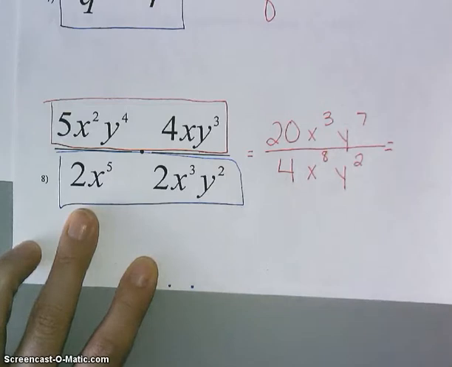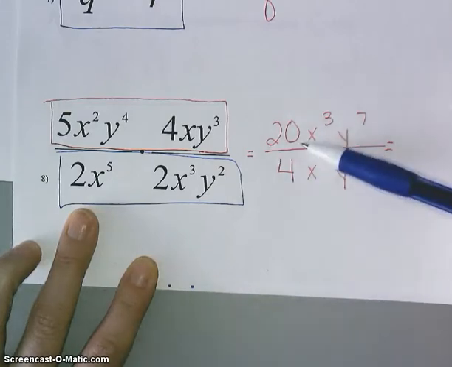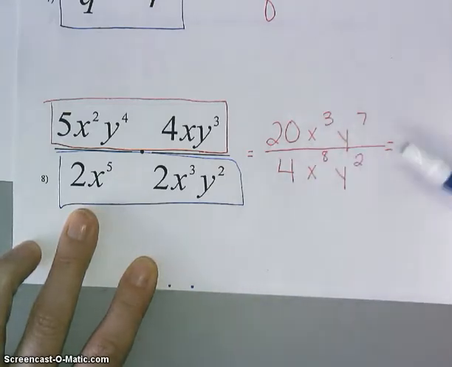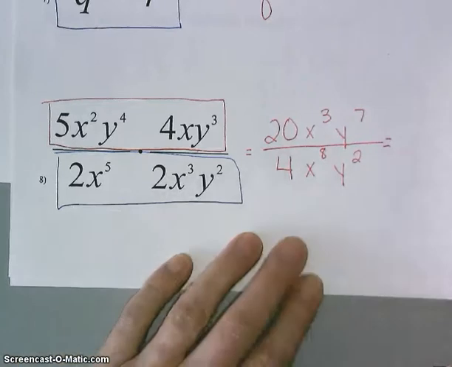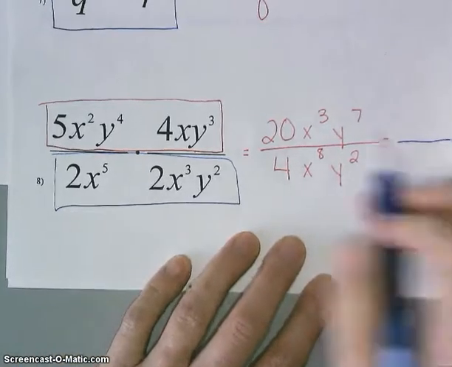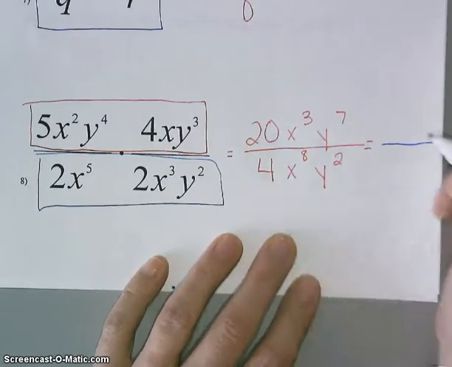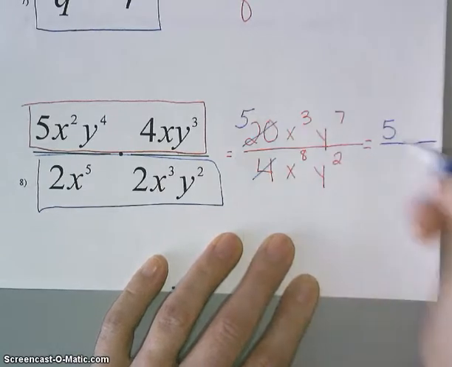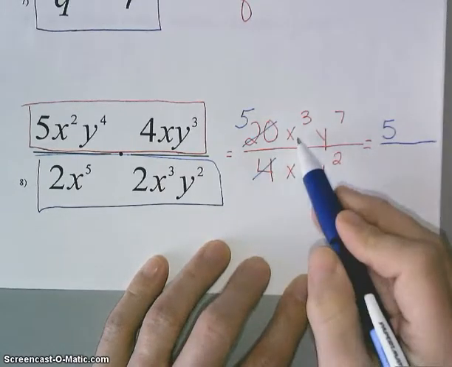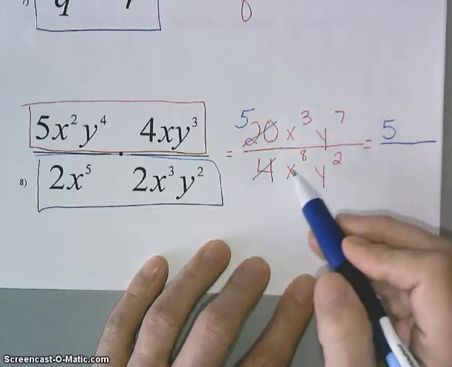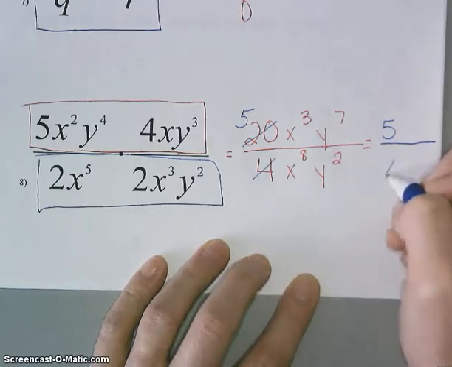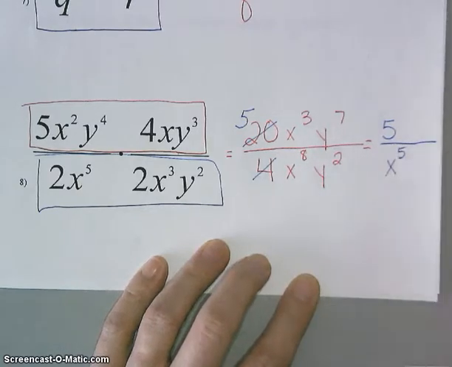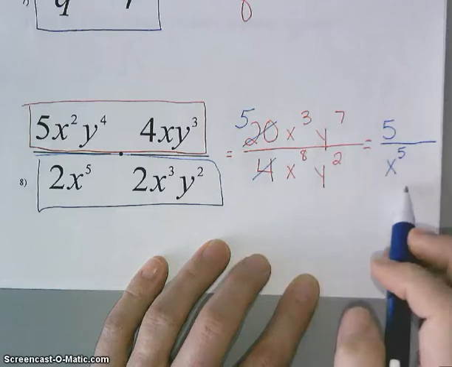Well, now I know I have numbers on top and bottom that I need to simplify. I have variables on the top and the bottom that are the same, so I need to keep going. Well, 20 divided by 4 is just simply 5, so 4 goes into 20 5 times, so that 5 lives on the top. And I have 3 x's on top and 8 x's on the bottom. So I have 5 left over on the bottom because 8 minus 3 is 5.